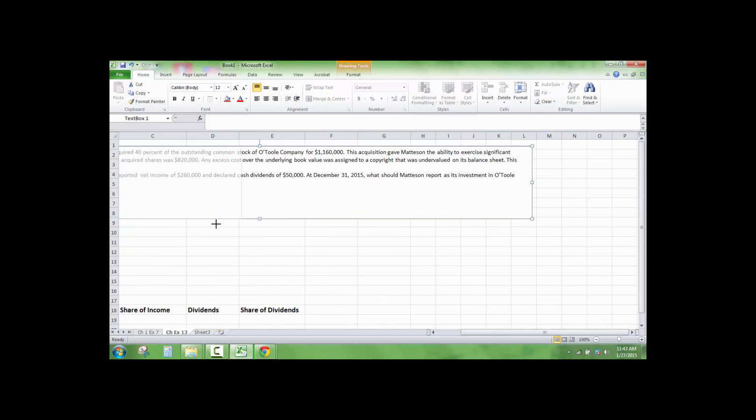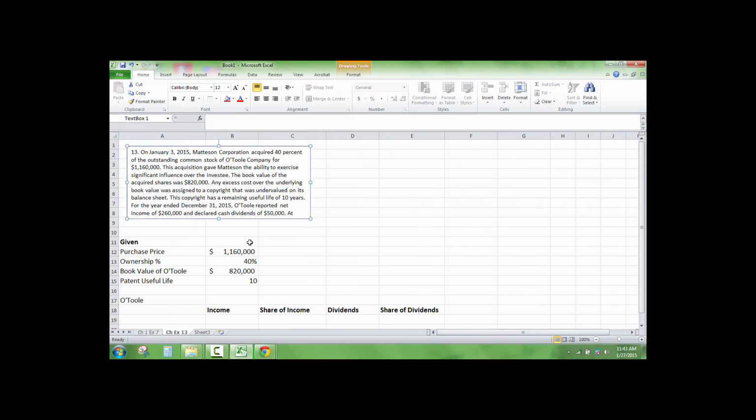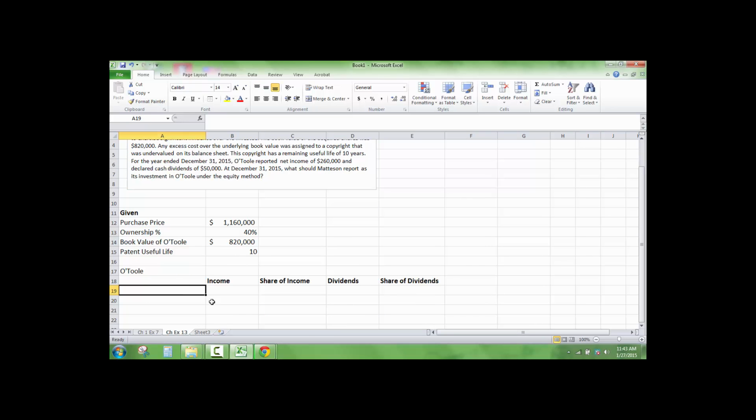Okay, so 2015. The income for 2015, actually they only have 2015, was 260,000 and cash dividends of 50,000.